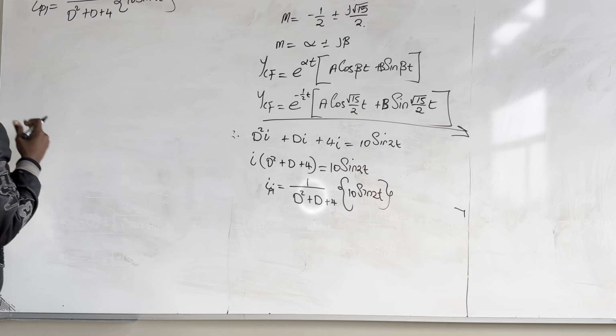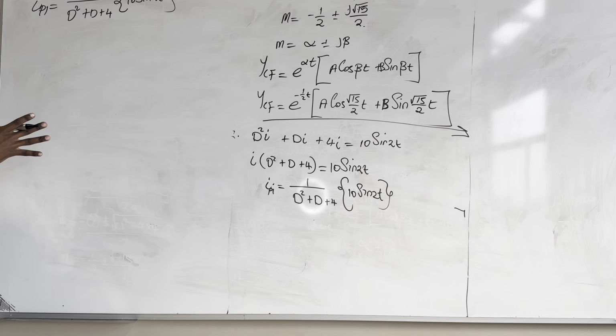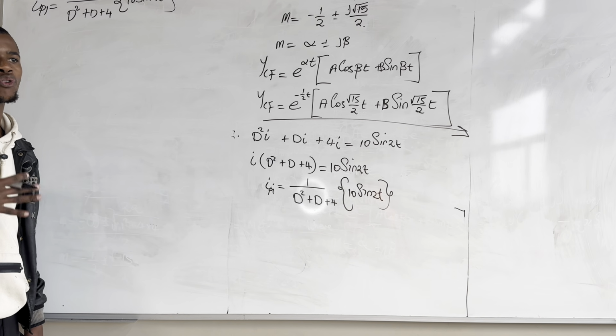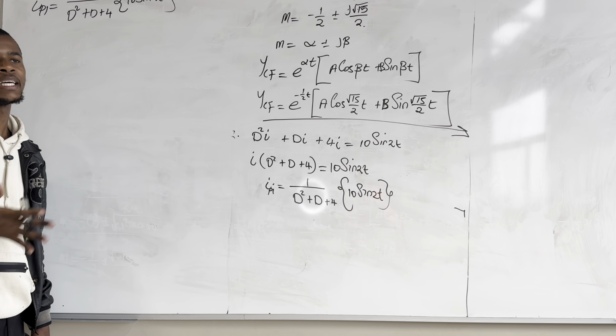Now, looking at this problem, once you have something like this, or you are given something like this, they say evaluate. The first thing, as I have said, you just need to identify the theorem that is given at that time.